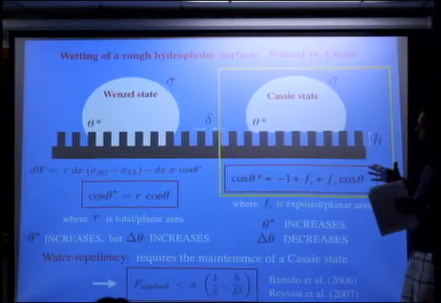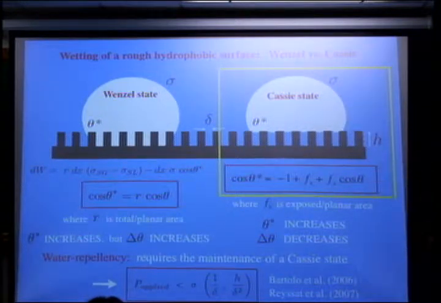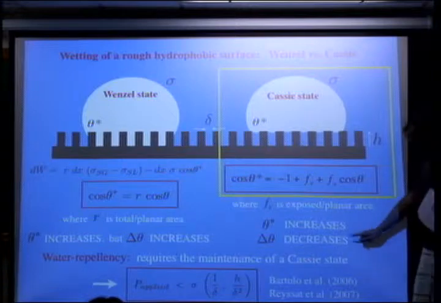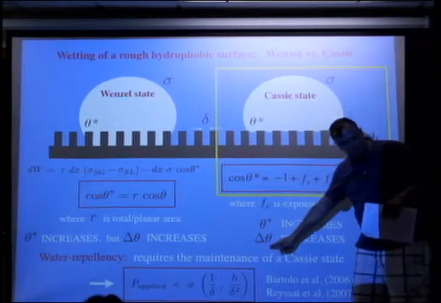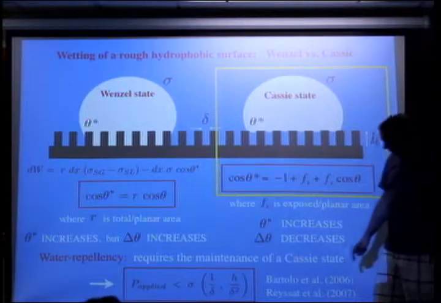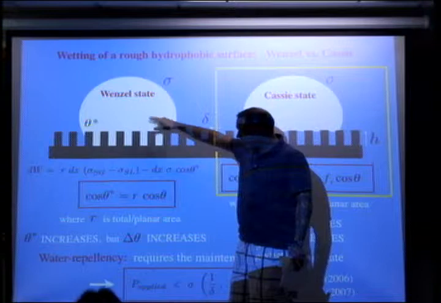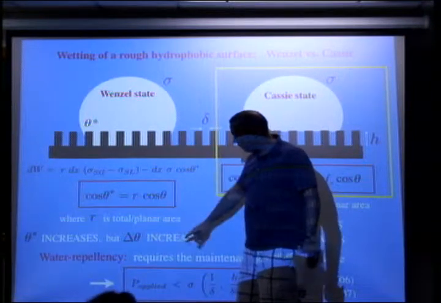And basically it turns out this is what you want. This is what the plants achieve for water repellency. The reason this is desirable is that this decreases delta theta, the contact angle hysteresis. You can also get very high contact angles in this situation, as we'll see. We'll derive all these equations.